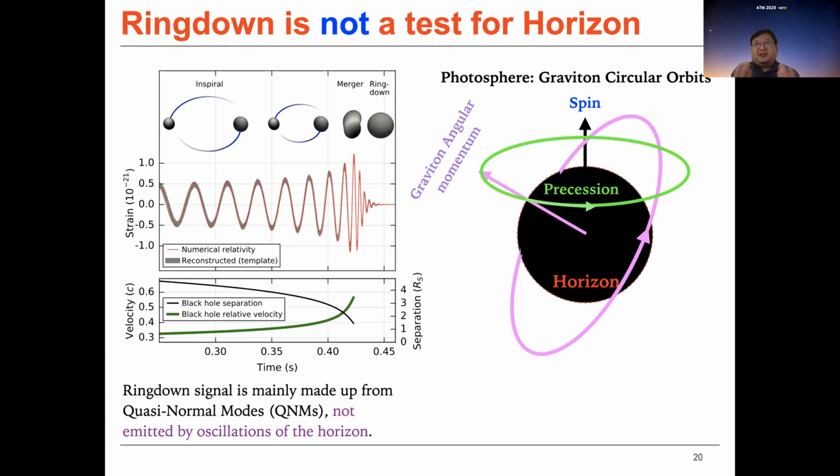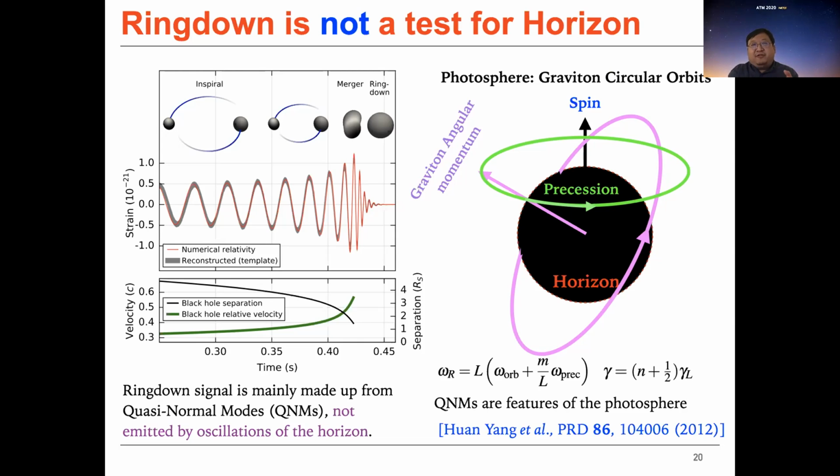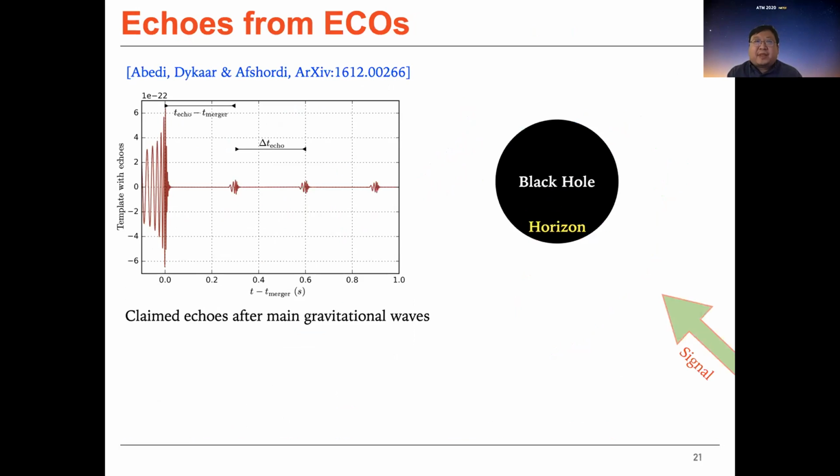This is connectable to a WKB treatment of wave equations in the background curved spacetime. So basically, the idea is that if you see the quasi-normal mode ringing of the black hole, the ring down of the black hole, you have not detected the horizon, but you have detected the photosphere around the black hole, where null rays are circling the black hole on circular orbits.